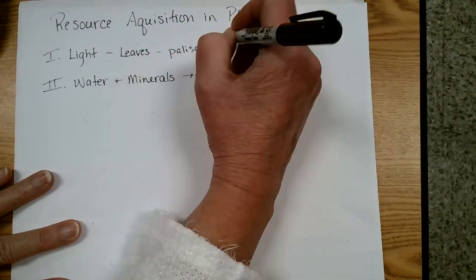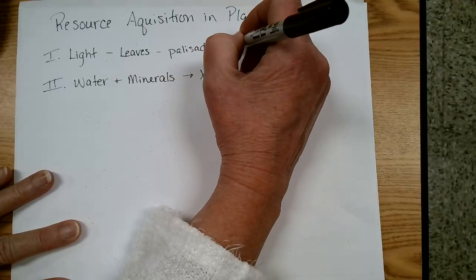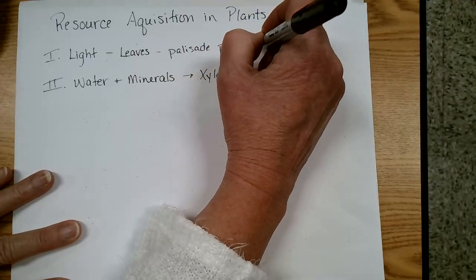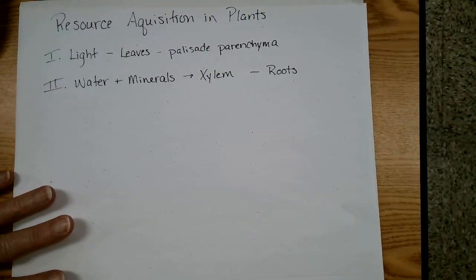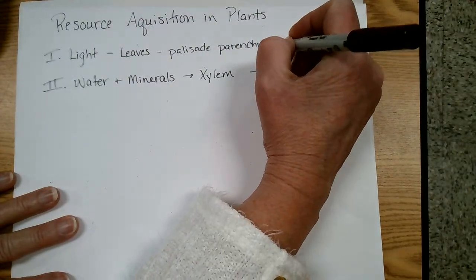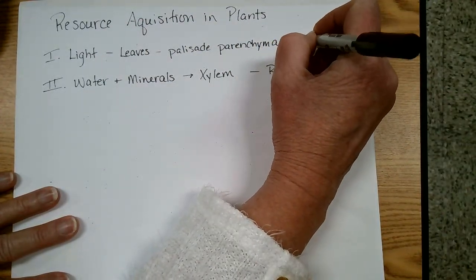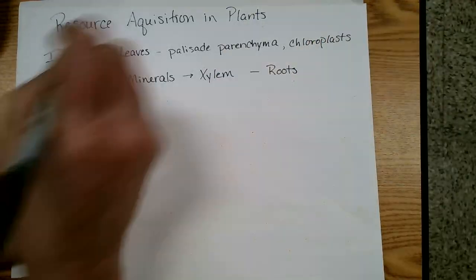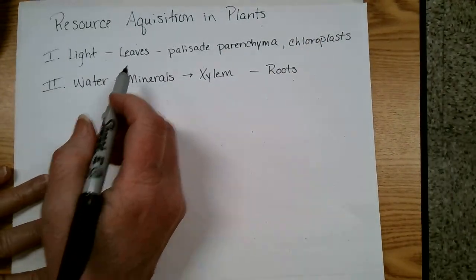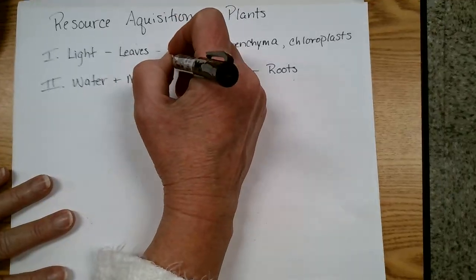Especially with things like the palisade parenchyma. That is the type of tissue that you find at the top of the leaves where most of the chloroplasts are going to be concentrated. So we'll mention chloroplasts here. But another important thing we want to mention with light acquisition, not just the leaves, but also shoots.